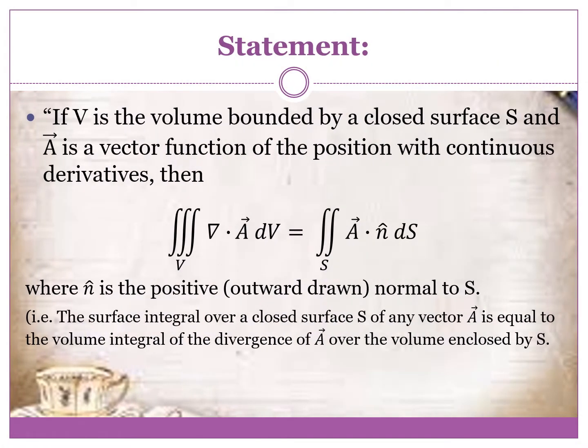What this theorem tells us: the right-hand side of the mathematical expression of Gauss divergence theorem is the total flux of a vector field over a closed surface S, which is related to the integral of the divergence of the vector field over a closed volume V.